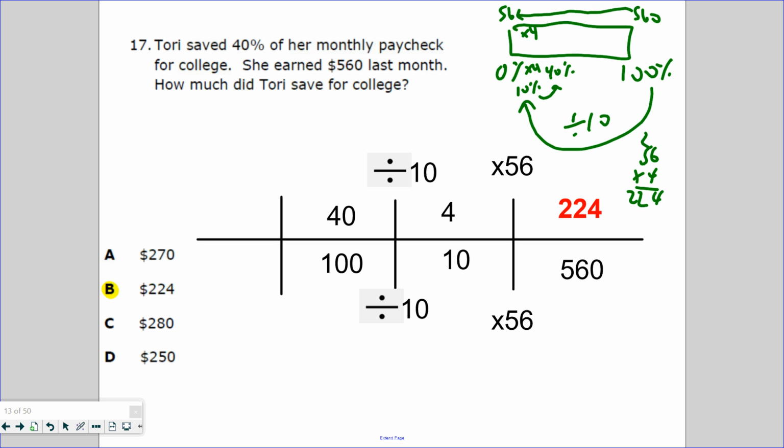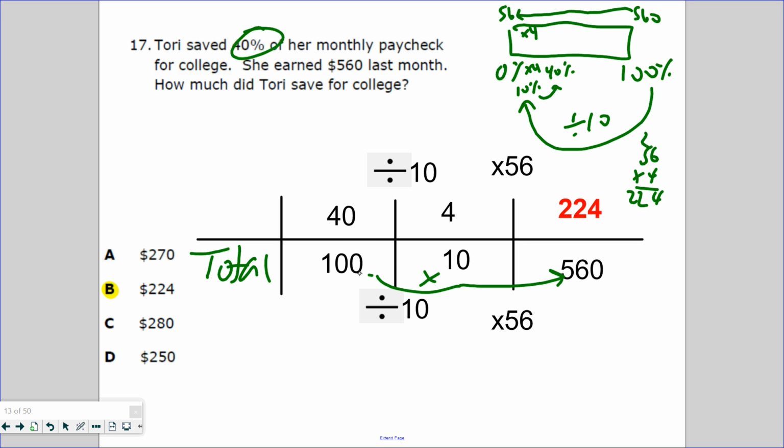B is the answer. What if you don't like pictures and you prefer tables? How do you write 40% as a fraction? 40 out of 100. Remember, the bottom represents the total. So 560 goes here. How do you build it from 100 to 560? Let's break it down.